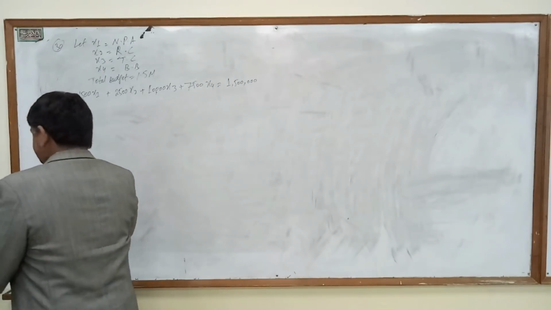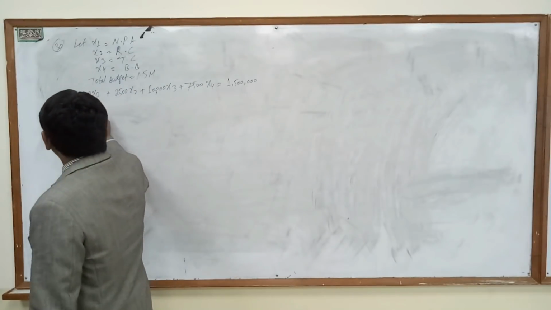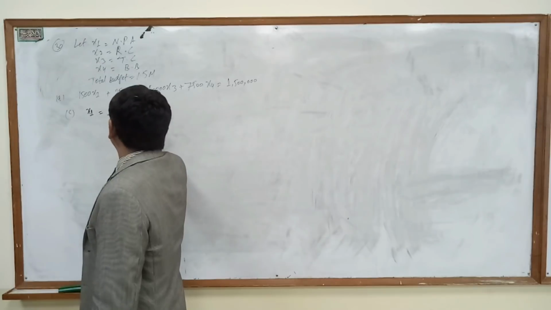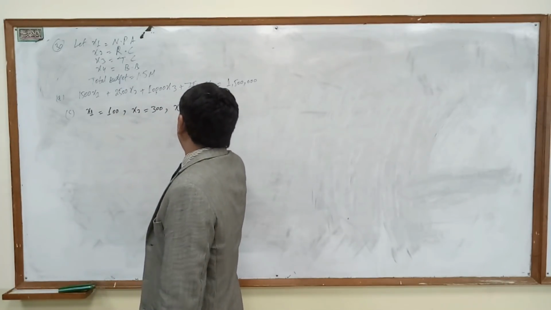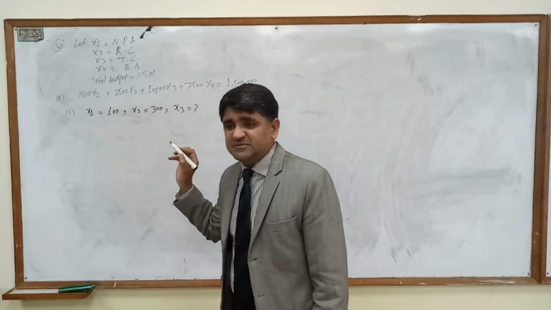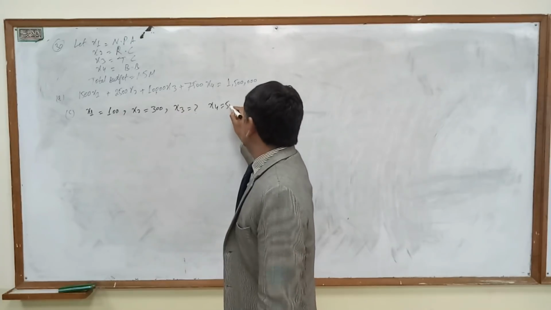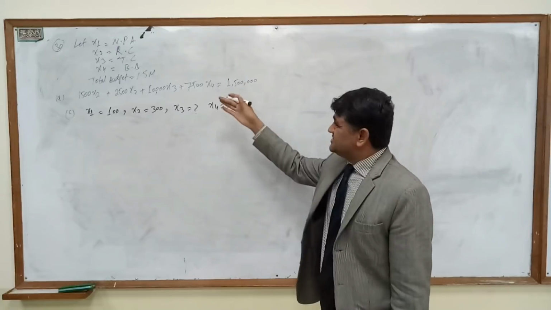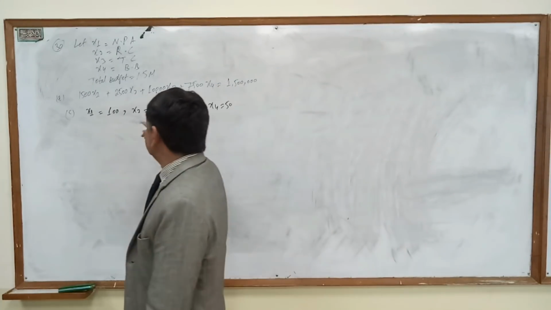X1 is 100, X2 is 300, X4 is 50, and X3, television, we have to find. We can place these values in this equation and simplify.